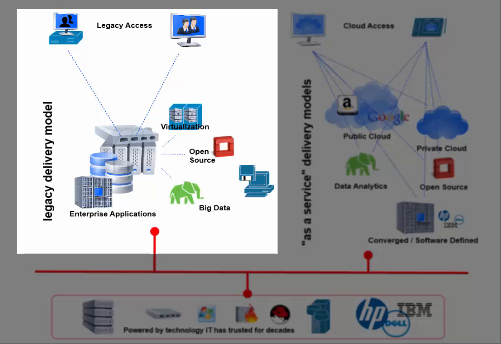We didn't call it infrastructure as a service. We just called it our data center, right? Or our computer room or our network. And that is what happened. And that's how we accessed it.